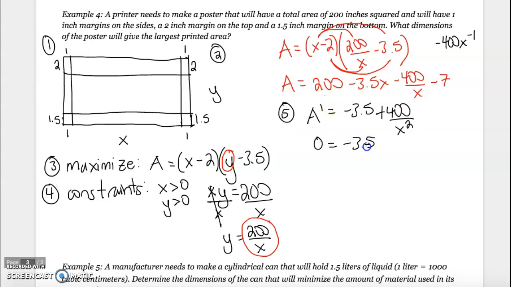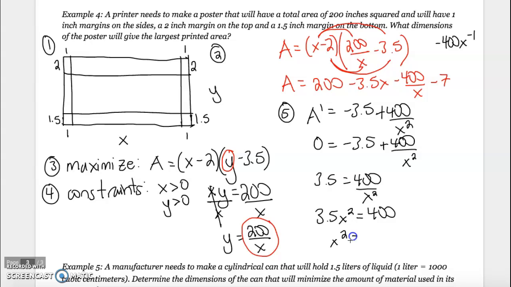Set that equal to 0. And then we can move over the 3.5 first, and then multiply by x squared, divide by 3.5. Oh, that is not a nice number.